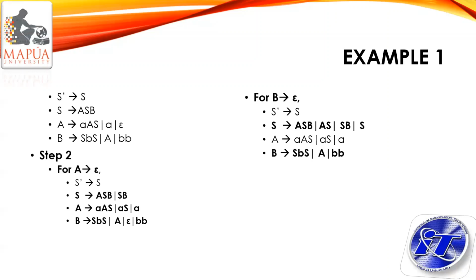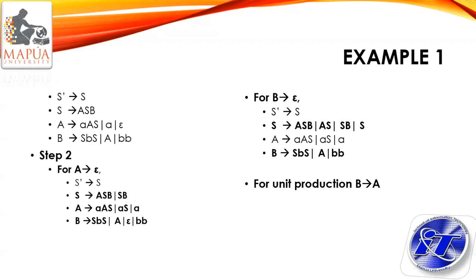Okay. So next, do we have null? No more. So now let's proceed with unit production. Is there any unit production wherein a non-terminal yields to a non-terminal? Yes, we have. B yields to A, based on the fourth rule.